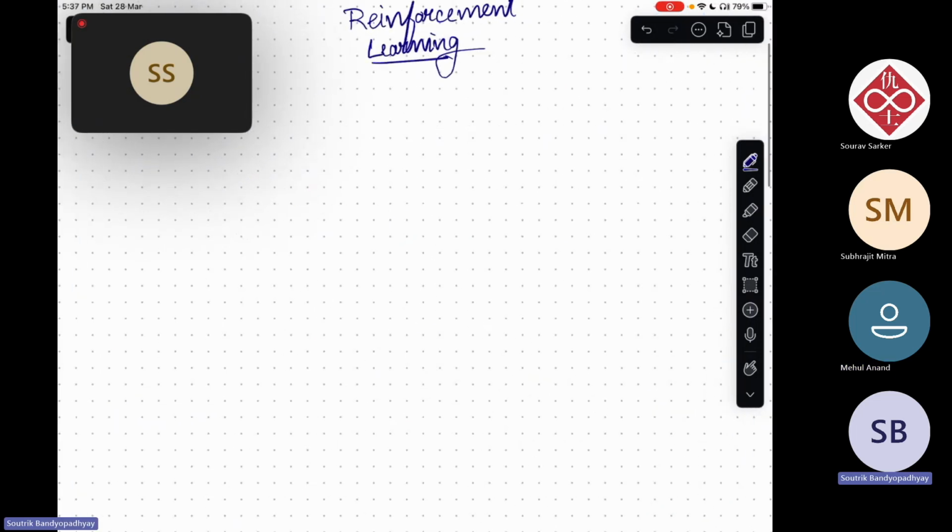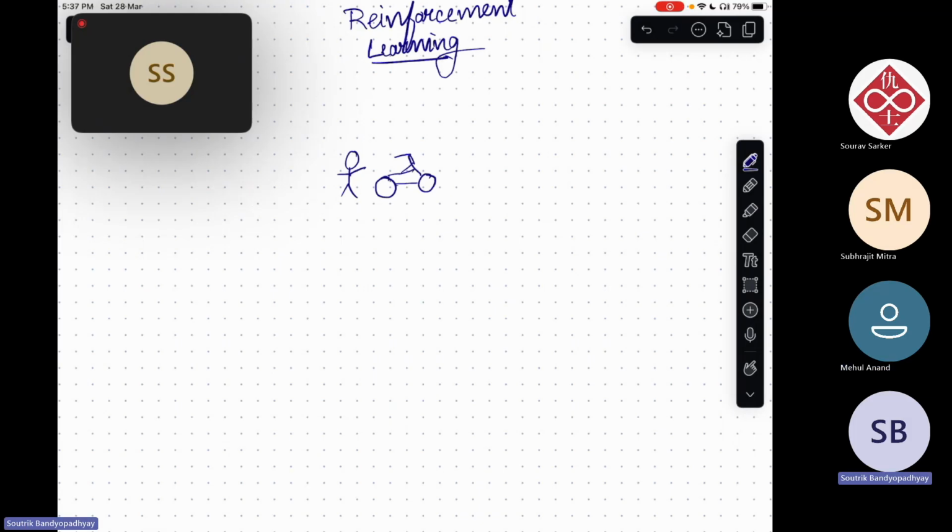One of the main methods that we often use: suppose a child wants to learn how to ride a bicycle. Now, pardon my drawing. So you have a bicycle in front of you, and you don't know anything about how to ride a bicycle. So it's a very stick figure-ish kind of bicycle.